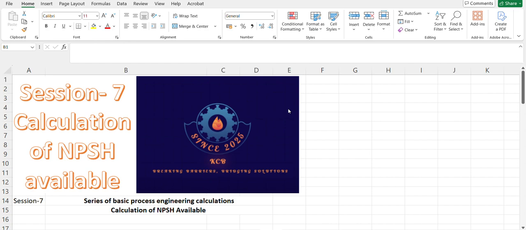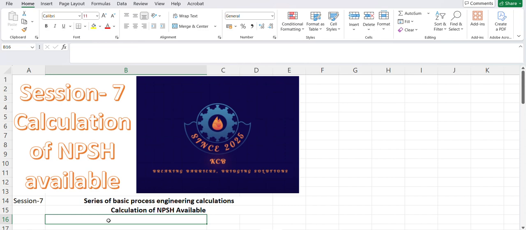Based on that, they check the NPSH requirements and design the pump accordingly. So we will learn how to calculate the NPSH available for different scenarios, like suction lift, static positive head, then under vacuum.